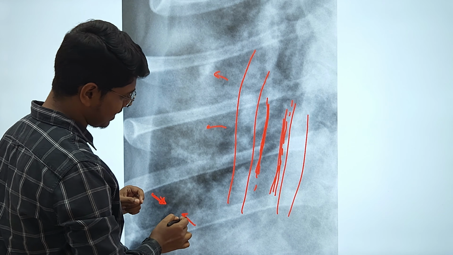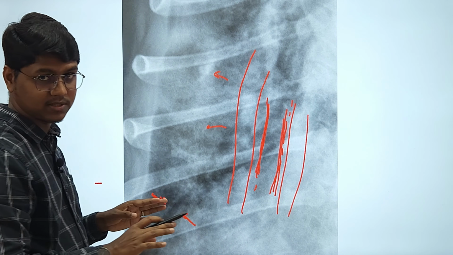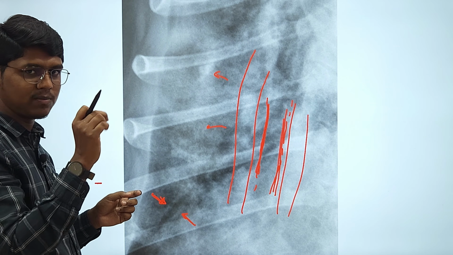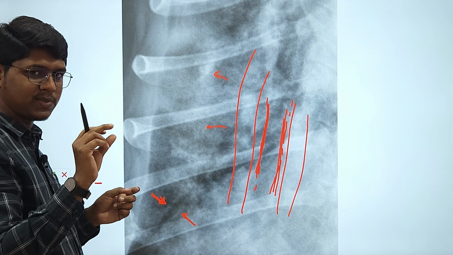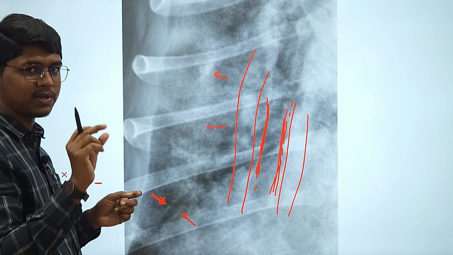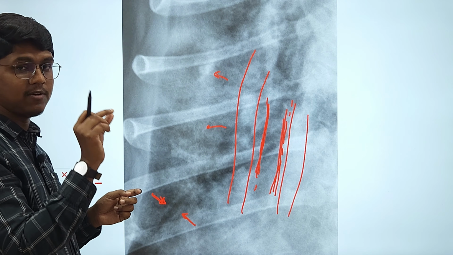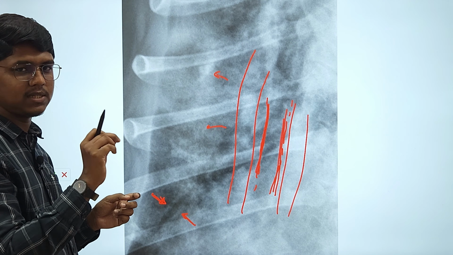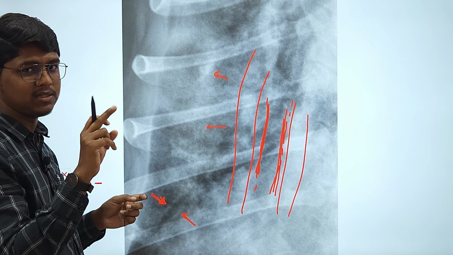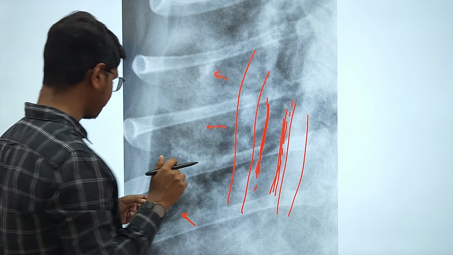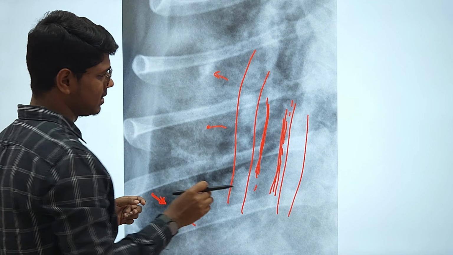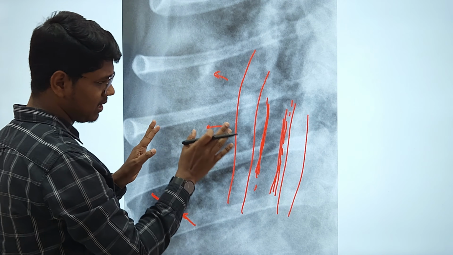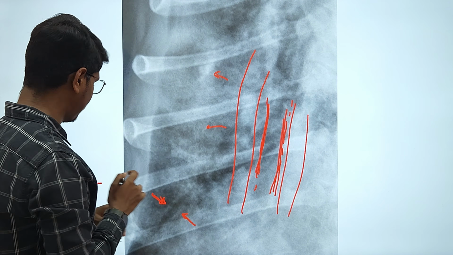Between the cranial pulmonary vessels also there is a bronchus. It is sometimes misdiagnosed as a tram line, but the vessel wall is very well defined. That well-definedness is what differentiates it from tram lines. Here, due to zoom, it is not that visible, but in the normal picture it may be visible.